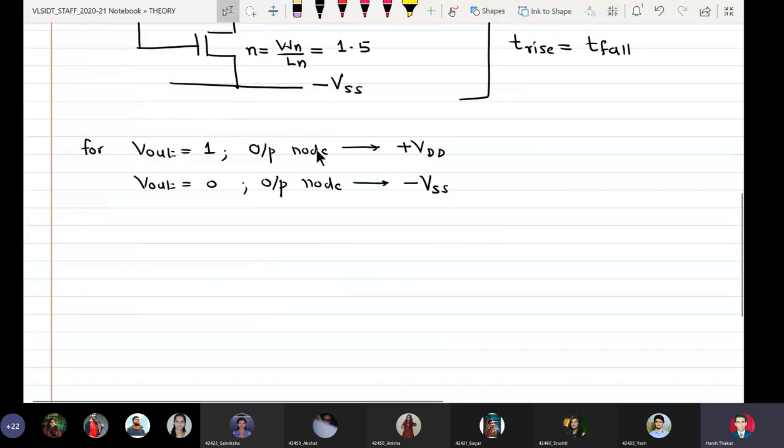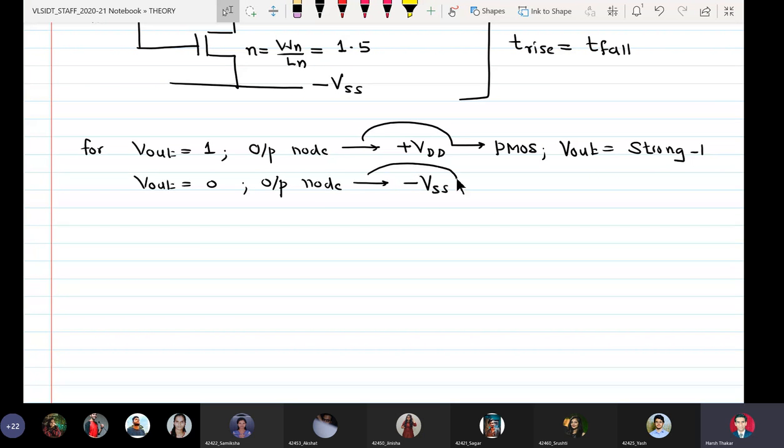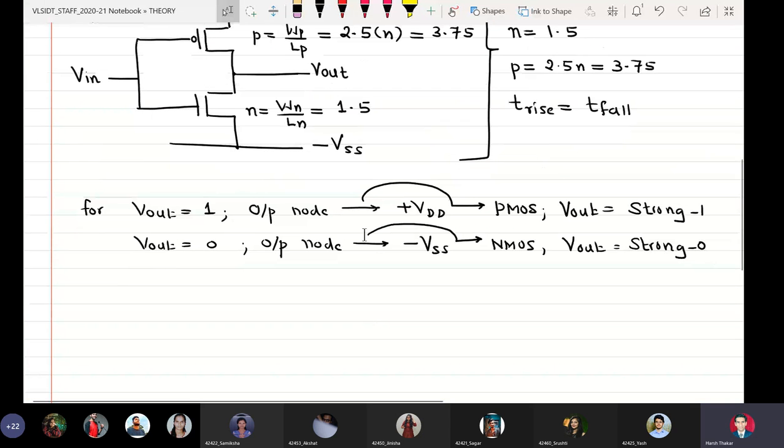We also said that if this connection happens through a PMOS device, then we get Vout equal to strong 1. Similarly, if the connectivity between the output node and ground happens through NMOS, then we get Vout equal to strong 0. Already discussed this.